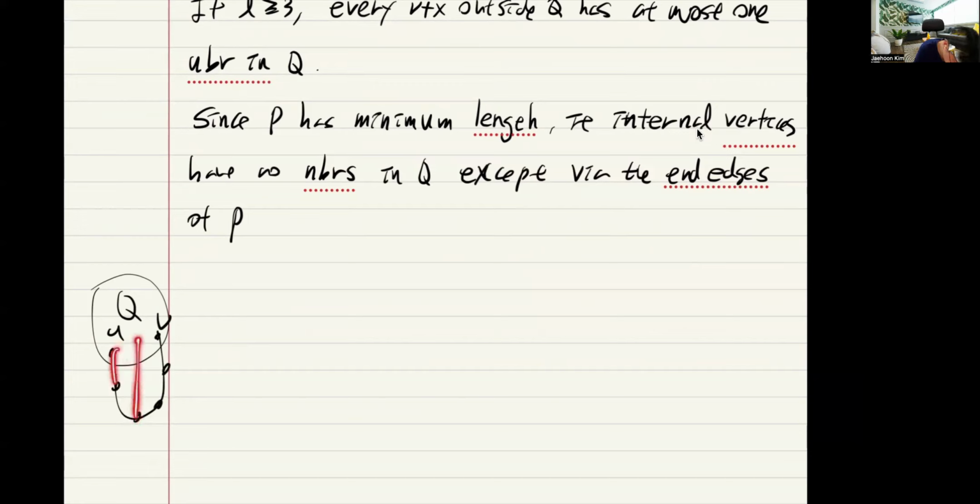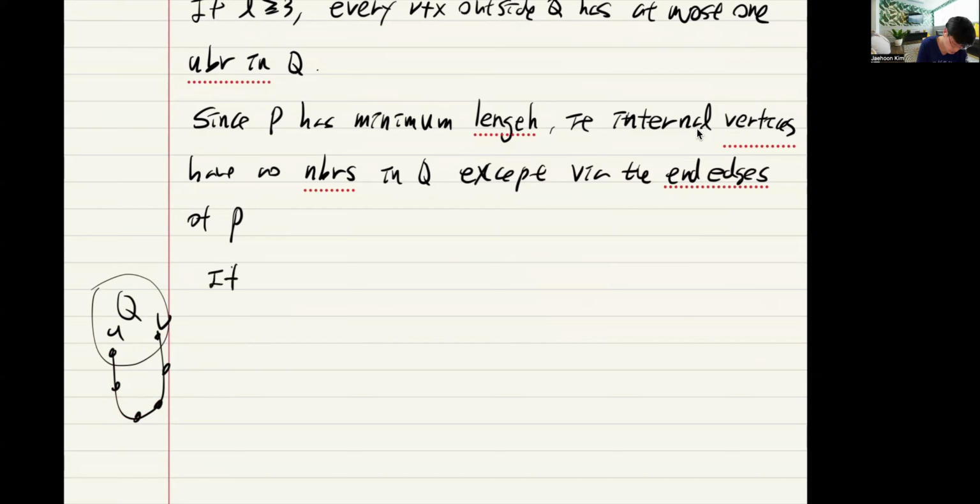If there is an edge, then we might have taken a shorter path. This has only this neighbor and not another neighbor, because otherwise you would have chosen a shorter path.